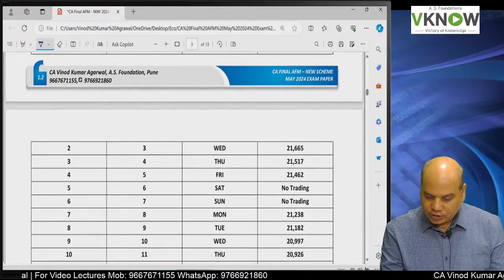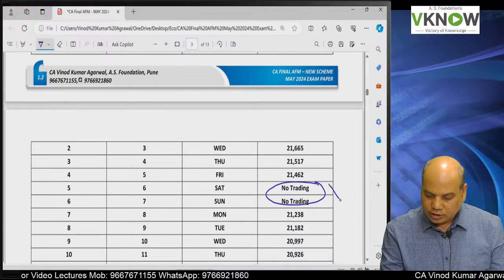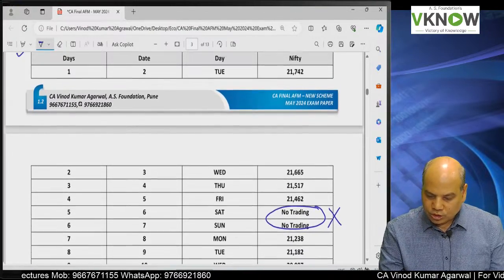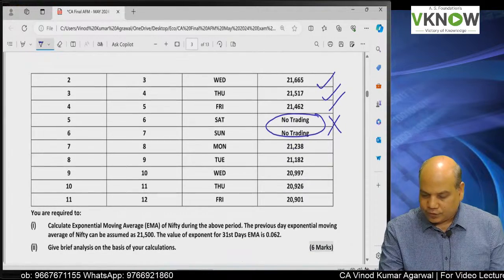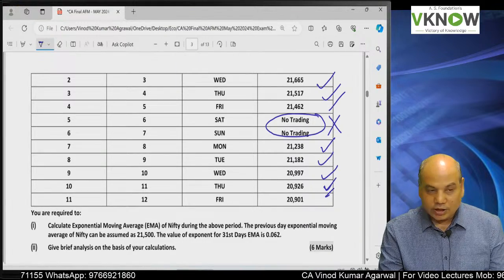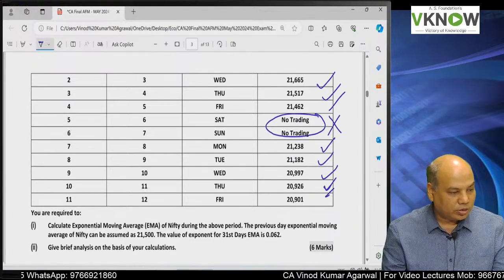Day given Nifty. When there is no trading, you ignore this. It won't be required in your calculation. So total number of trading days 1, 2, 3, 4, 5, 6, 7, 8, 9. Little lengthy calculation, but you will be able to get it.